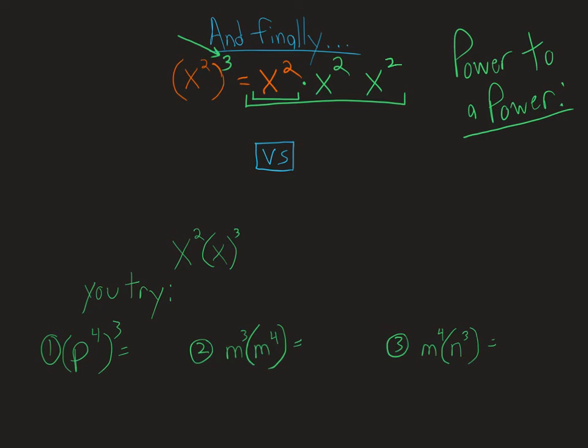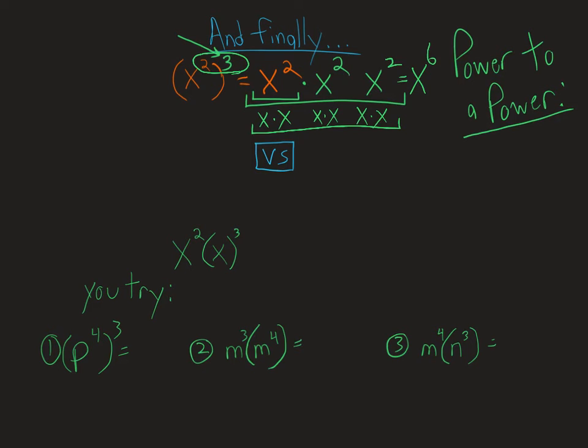We have 3 groups of the x squared, and so now what does that equal if we put it all together? Well, there's 2 x's. There's 2 x's. There's 2 x's, so all together we just have 6 x's. So notice this new rule, power to a power, you do multiply your exponents, which is a tendency for some kids when learning the rules when they're new to want to do in some of the wrong places.